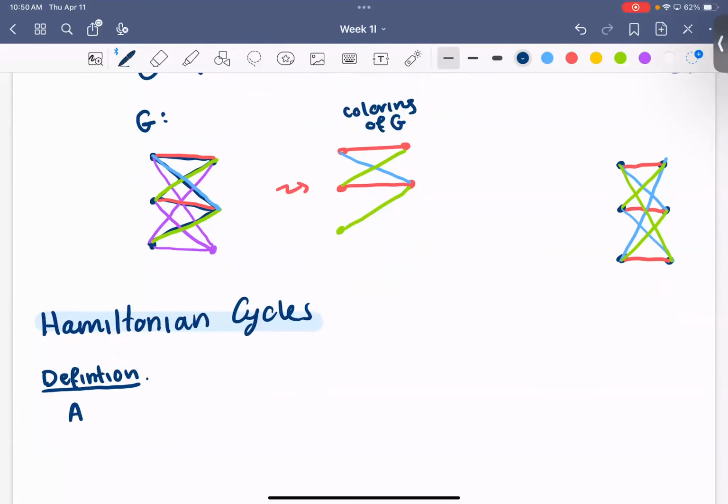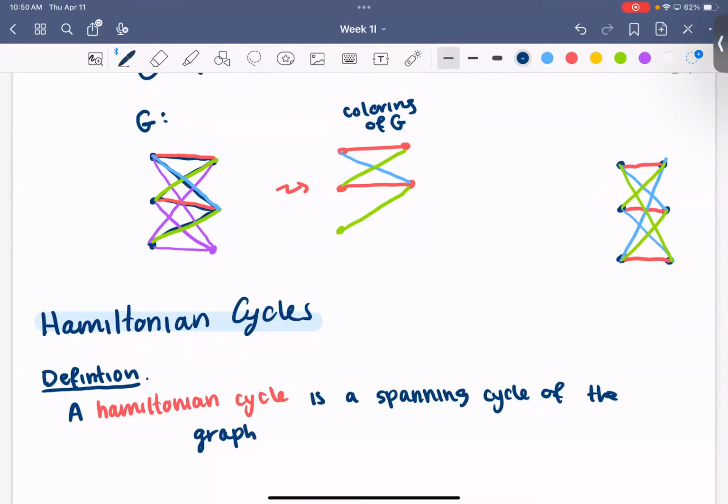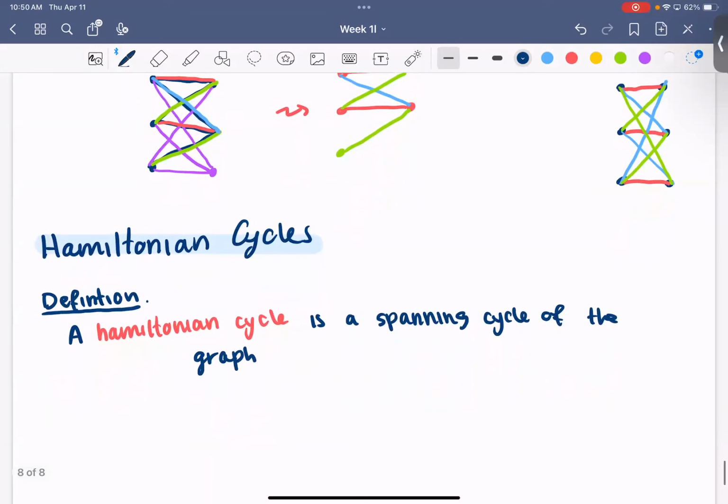A Hamiltonian cycle is a spanning cycle of the graph. And we'll say that a graph is Hamiltonian if it has a Hamiltonian cycle.